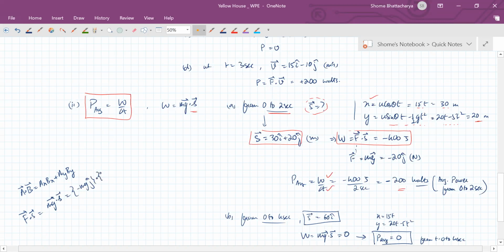And this one's dot product I'm doing with x i cap plus y j cap. I will get minus mgy, na. Ye toh aap pehle bhi seekhe ho work done mein, how to calculate the work done by gravity. Learn this now.